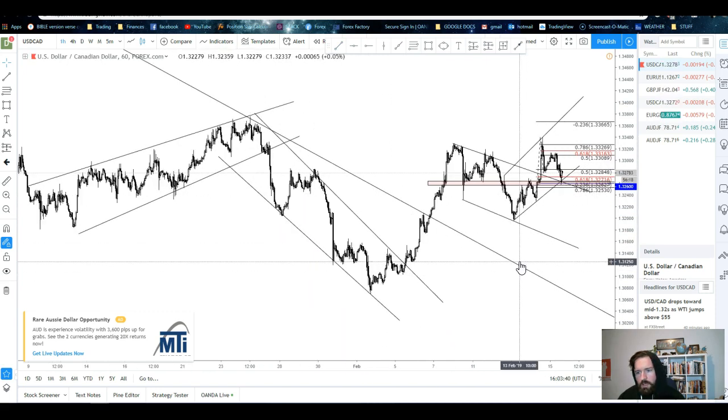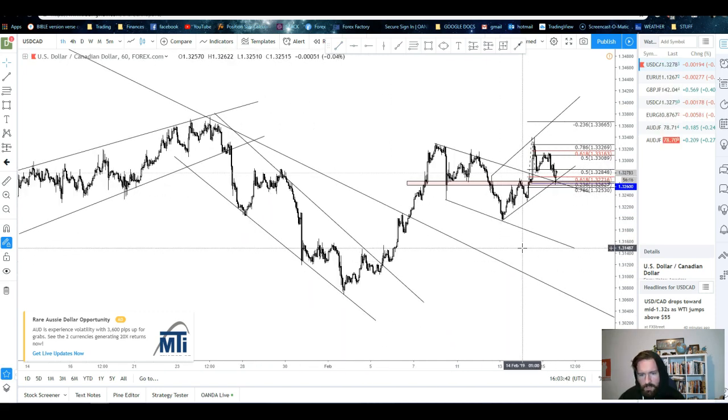Now, as you gain more experience over time, you'll begin to realize that some pairs favor channels, some pairs favor fibs, some pairs favor more support and resistance. And what I mean by favor, I mean respect those types of things more often than not.